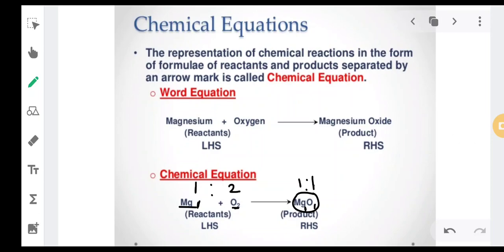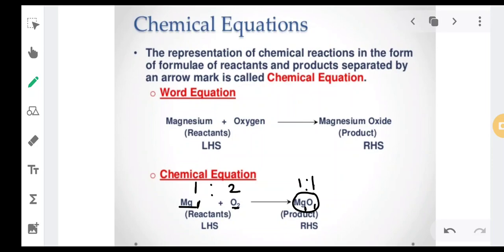It was related to the mass concept. It stated that mass can neither be created nor be destroyed in a chemical reaction. This was the law of conservation of mass.